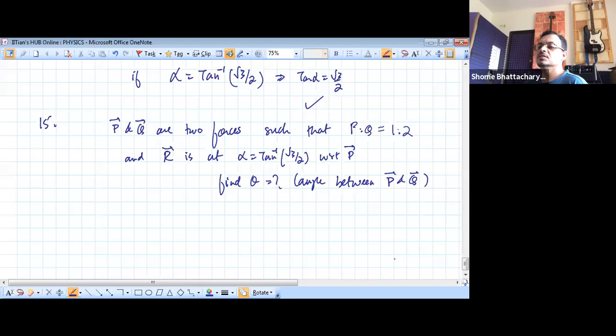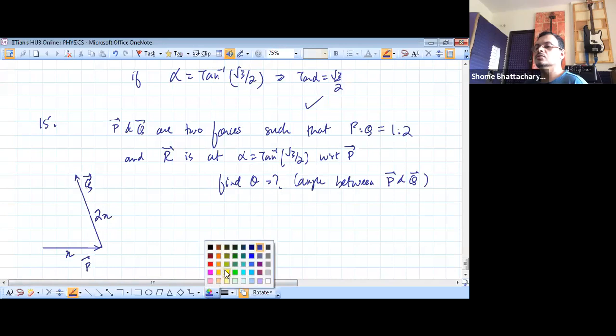So if you think in terms of geometry, how this should look: P is some vector like this, and let us say Q is some vector like this. The ratio is 1:2, so if P is some x in magnitude, Q will be 2x. Now the resultant of these two, in this diagram, would be this vector.